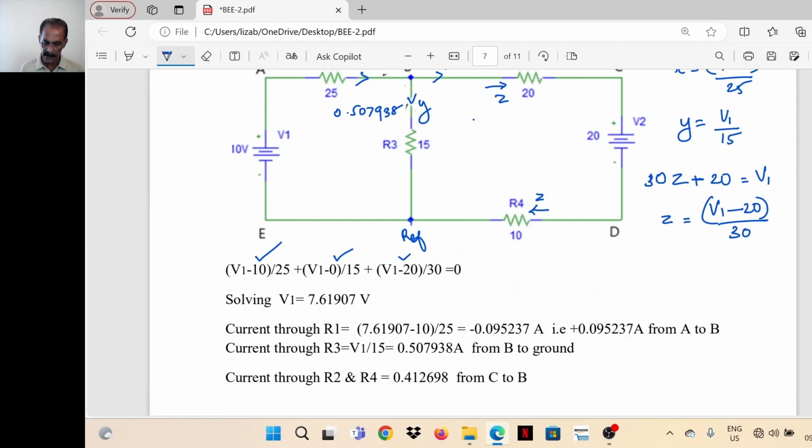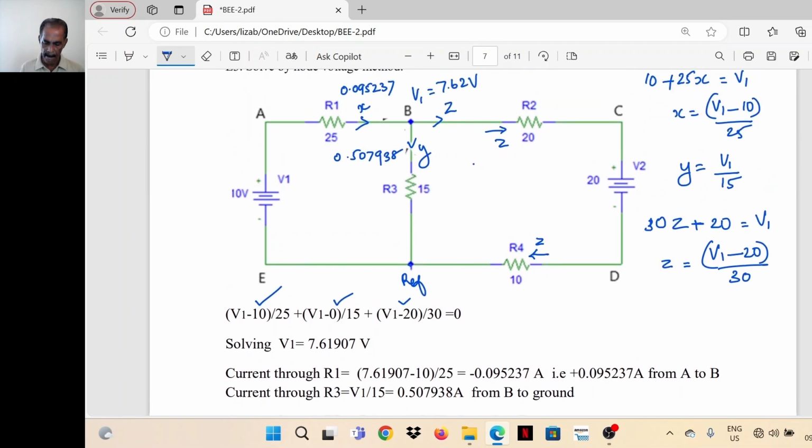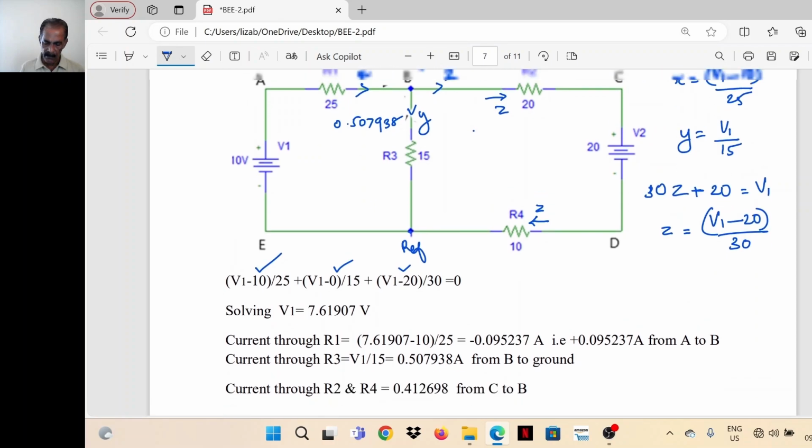So the answer is Z equal to 7.62 minus 20 divided by 30, that is minus 0.412698.